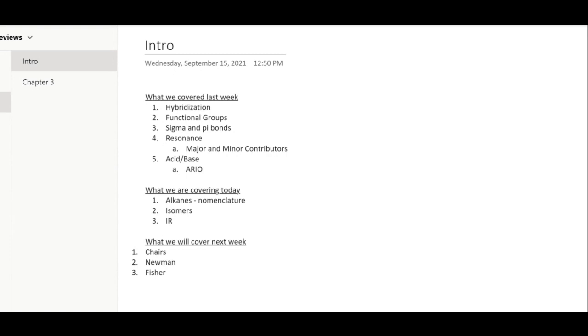And today, because it's quiz week, we are covering all the topics that we can get to that are covered on your quiz. I believe some professors have different topics, so I'm more or less going to go with the majority. Besides what we covered last week, nomenclature, which is naming your alkenes, isomers, and IR will be on your quiz.